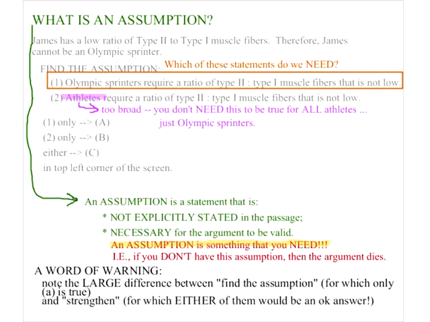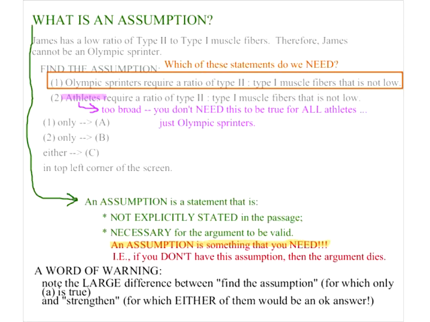This is more difficult than you think, because remember, in critical reasoning, these problems are a mixed bag. They don't present you all the assumptions first, and then all the conclusions, then all the strengthens and weakens. You get them in an arbitrary order, and they are very thoroughly mixed together.